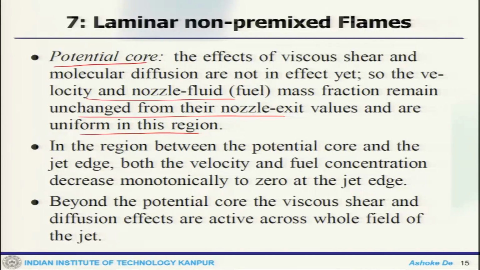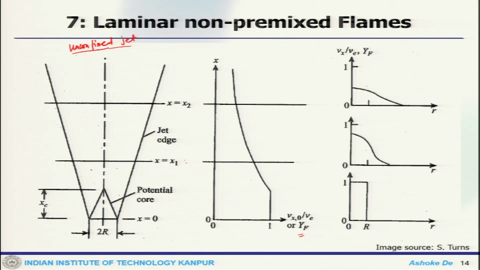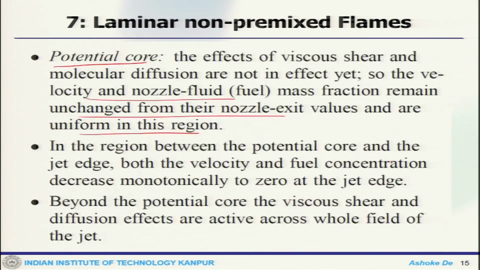Now, in the region between the potential core and the jet edge, both the velocity and fuel concentration decrease monotonically to 0 at the jet edge.